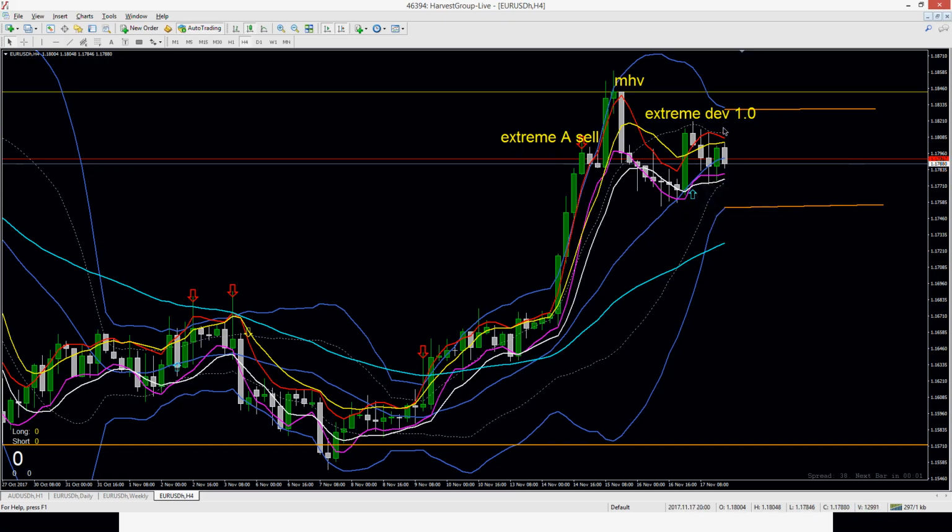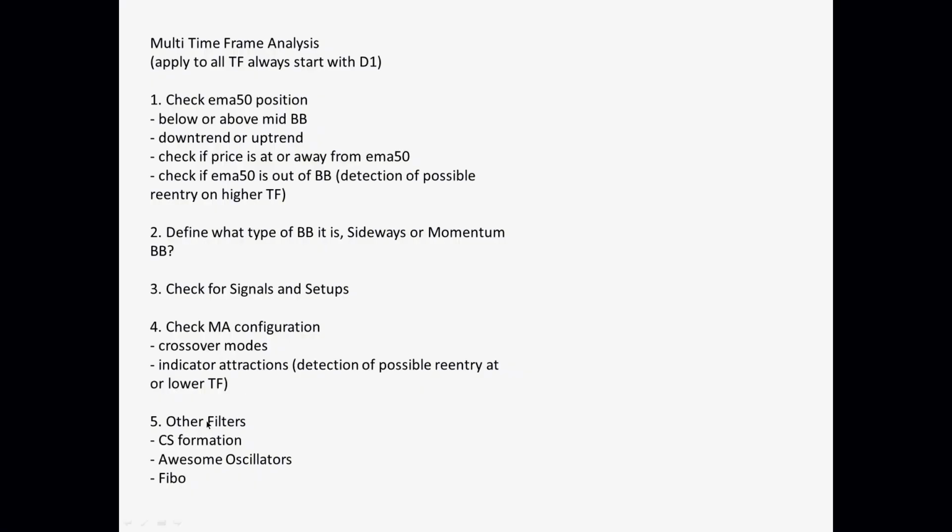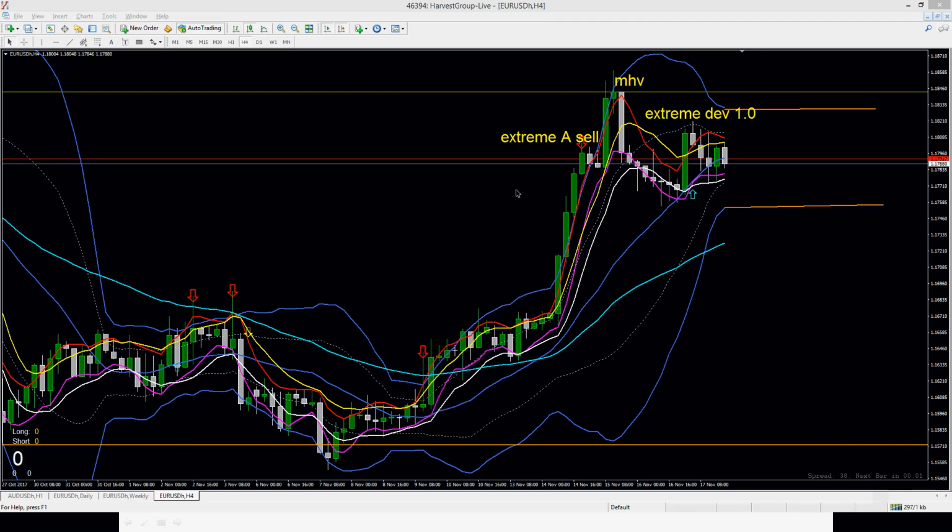Then the MA configuration is also on a buy configuration over here. But what we need to understand is what I showed you before, that there are other filters we can use: candlestick formation, awesome oscillator, Fibo. On H4 here, there is a dominant candle.